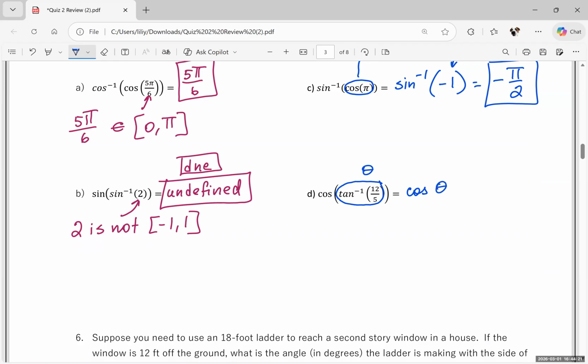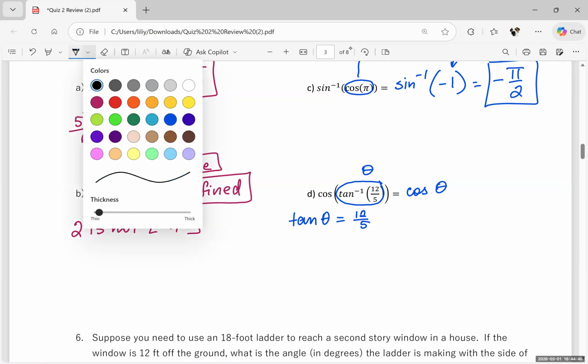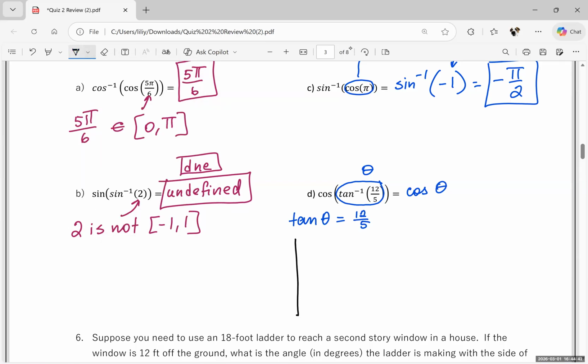Now this angle theta has a tangent of theta equal 12/5. Tangent is only defined from -pi/2 to pi/2 to be 1-to-1. So this has to be in quadrant 1. I'm going to go ahead and draw a little triangle in quadrant 1.